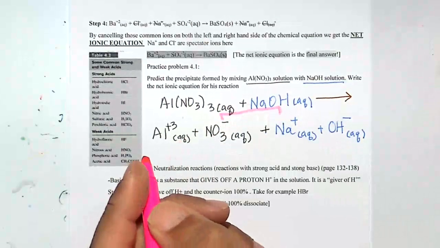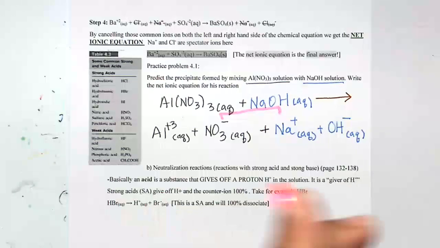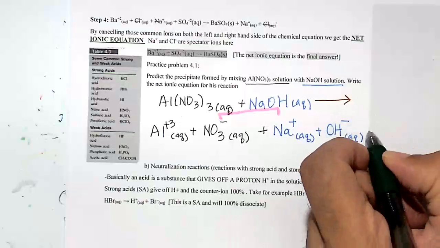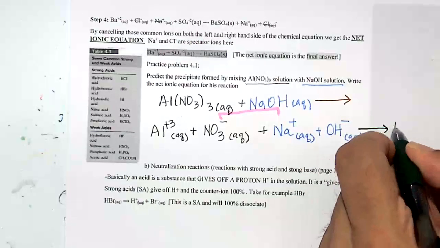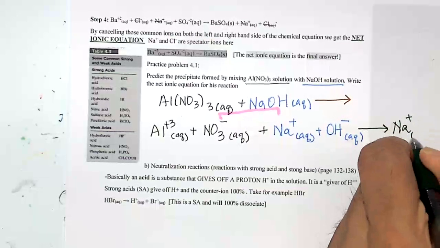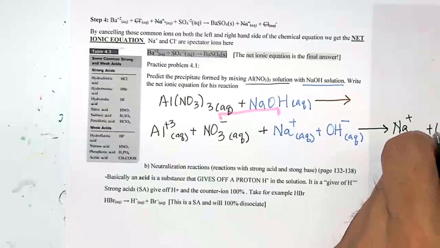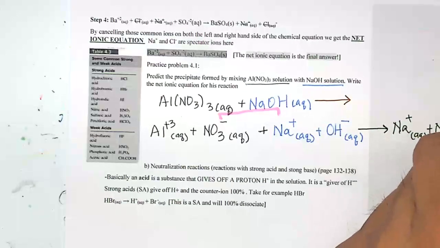Okay, so we have NaNO3. What do we know about all nitrates? They're soluble, so really this is just NaNO3, and it goes into its ions.